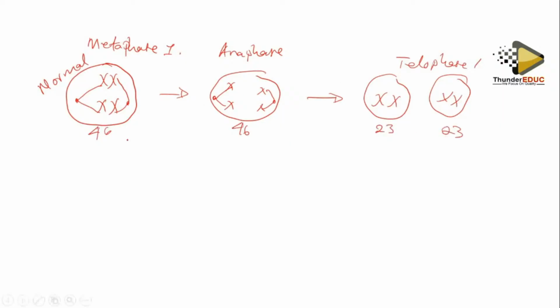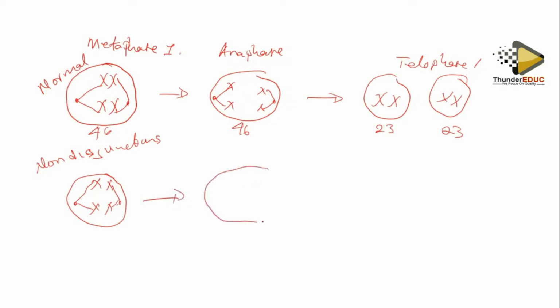But if non-disjunction occurs, what happens? In metaphase, the chromosomes will be fine like that. And then when they go to anaphase, because we said it fails to separate during anaphase, these ones are 46 if it's a human cell.